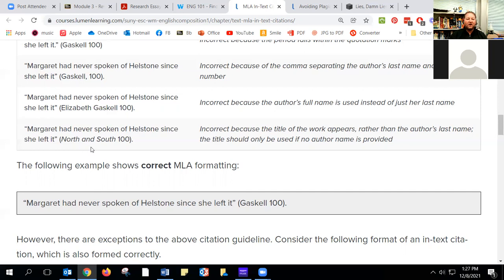Not for a book, because all books have authors, but if it's like a website article, a lot of times it won't tell you who the author is, or the author will be like the Associated Press or New York Times staff, and that doesn't tell you a name, right? So instead of putting something that isn't really a name, you would just put the title of the article. And remember, articles are short works, so they're always placed inside of quotation marks, right?